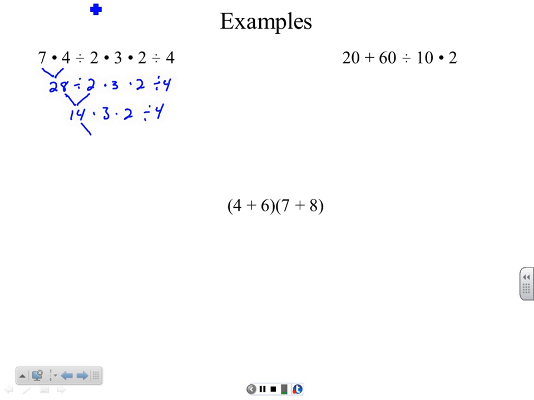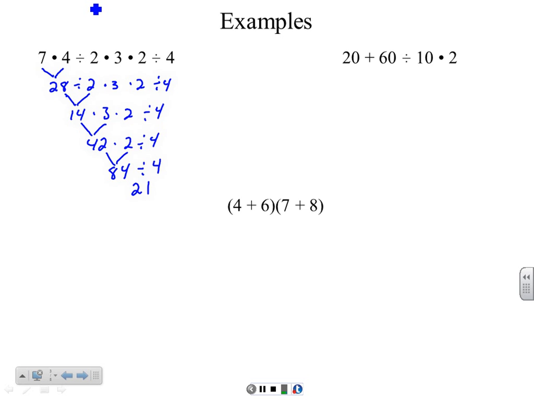And then we'll continue going left to right. So you have 14 times 3, which is going to be 42. And then we'll keep on going. 42 times 2 is going to be 84. And then 84 divided by 4 is going to be 21.